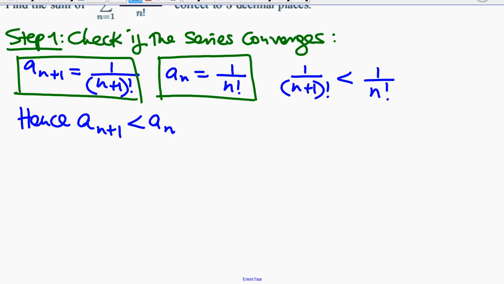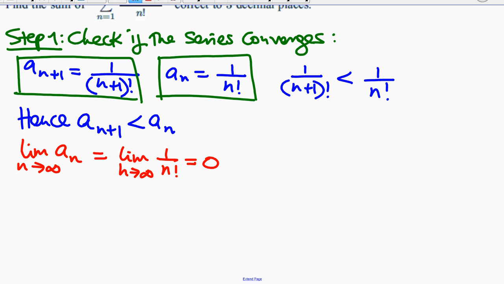Another condition that we have to check for convergence is the limit of S sub n. The limit of S sub n as n approaches infinity will be equal to the limit of 1 over n factorial as n approaches infinity, and that will be equal to 0. So because of these two facts, we can say that this series converges by alternating series test.